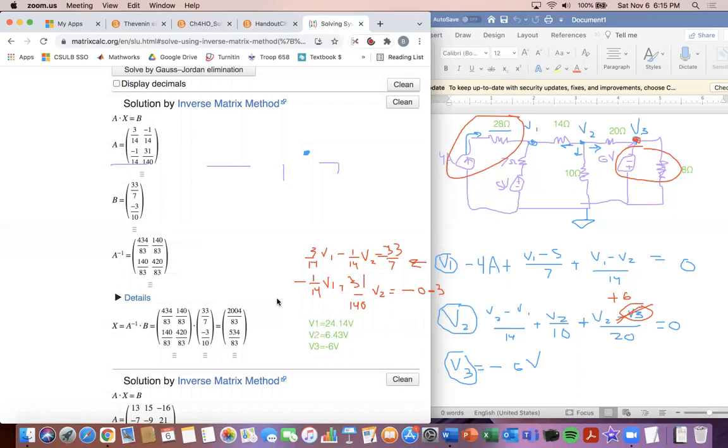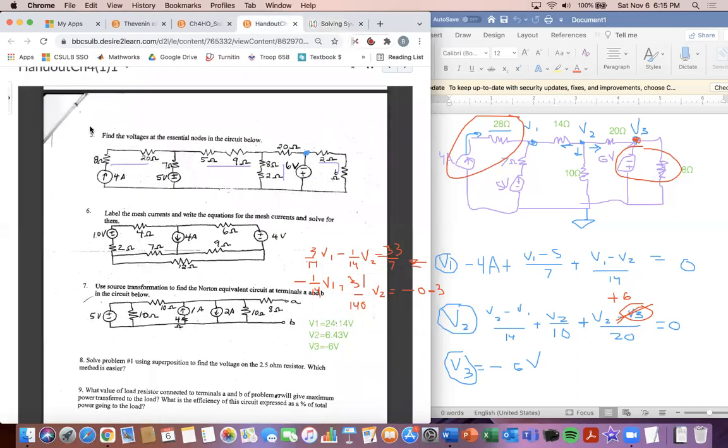And so now that we know that, we were able to solve this one right here, number 5, the voltages at all the essential nodes. What we did is we noticed there was no need to do a super node because there was no voltage source between any two nodes here. So we went by each one.